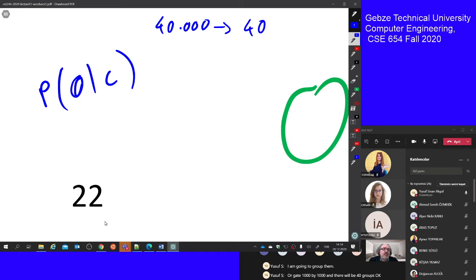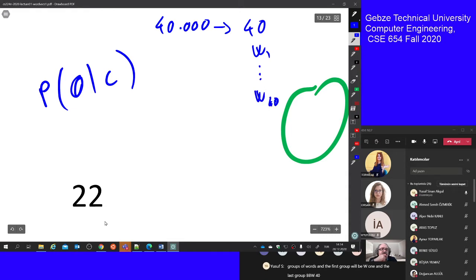The first group will be W1 and the last group will be W40. So in my corpora of 1 billion words, I am going to replace the words by their group number. So instead of calculating this on 40,000 words, I am going to calculate this on 40 words only.